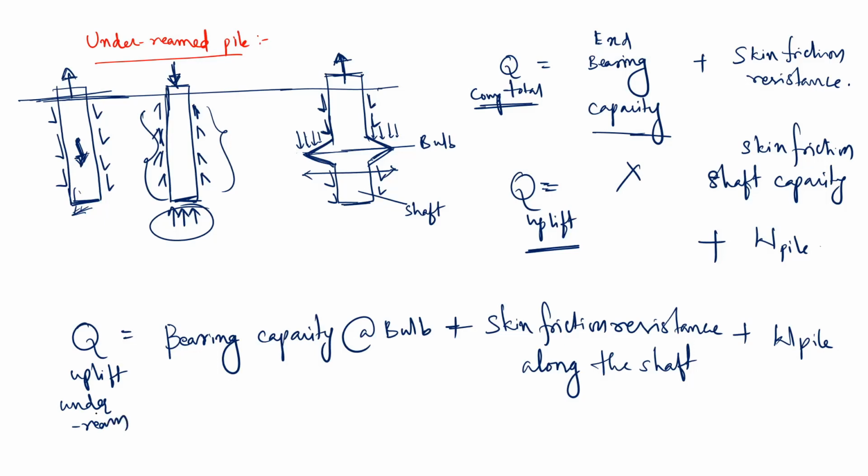So bearing capacity at bulb, downward bearing capacity, right? And skin friction resistance along the shaft plus weight of the pile, W pile, which will act downward. So to get the equation for that, first let us go for bearing capacity.